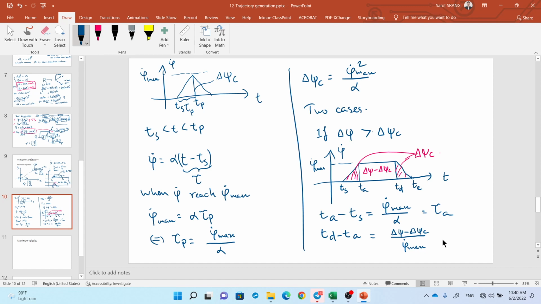And this one we just call tau, from the end of acceleration to the start of deceleration. So from here you can generate the trajectory. You write the equation for velocity and then find acceleration later. Is that okay?